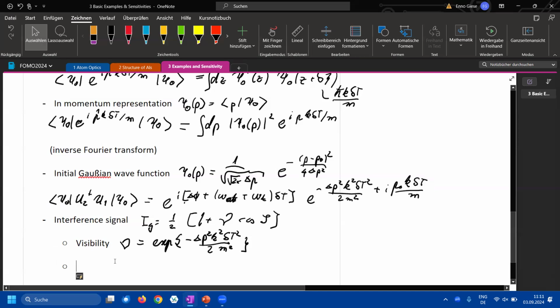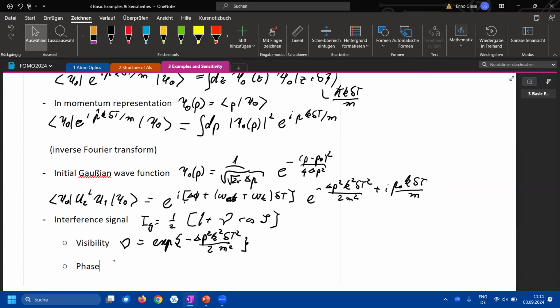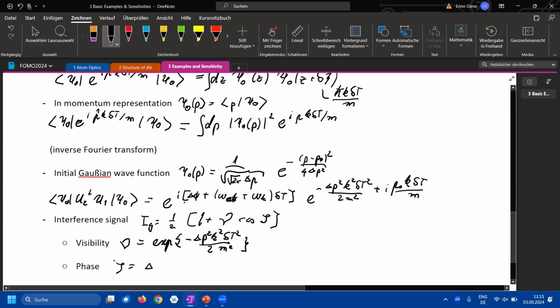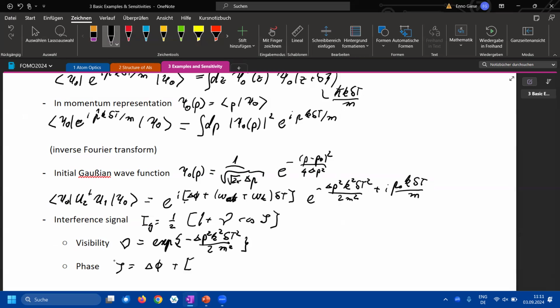So that's only half of the truth. We also have a phase, and this phase is the following. It is again our laser phase, delta phi. And now I have this timing asymmetry: omega EG plus omega K plus the Doppler shift nu K of P naught, and remember, P naught times delta T. P naught was our initial momentum.